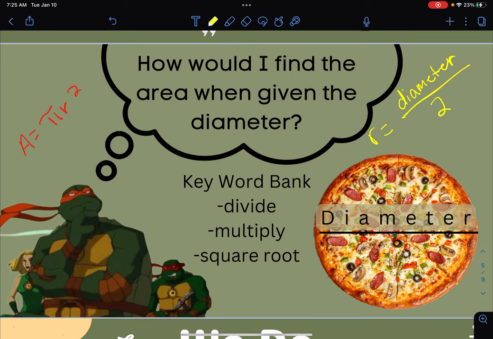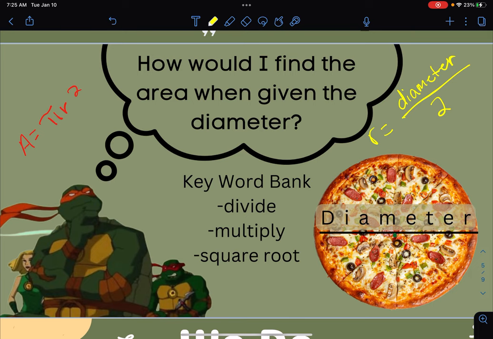So when you're given the diameter, you have to divide the diameter by 2 and then plug in your answer into where the r is on your formula. So how would I find the area when given the diameter?